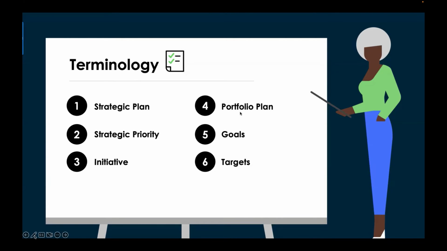Now, I've already shown you your portfolio plan, right? User defined, and it has to consist of at least one entity. You have your goals, again known as objectives, and they should be quantitative, they should be ambitious, and they're expected to motivate the teams. And then the targets are going to track and measure the progress of your goals.